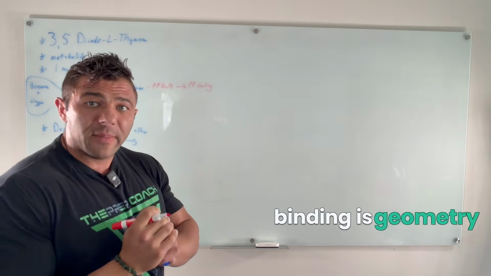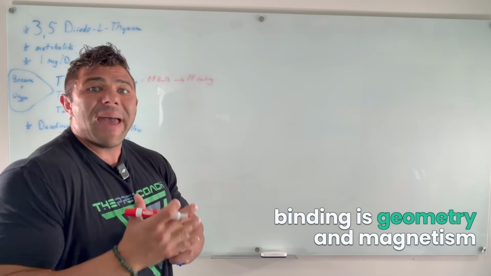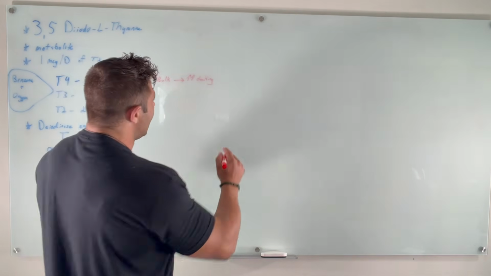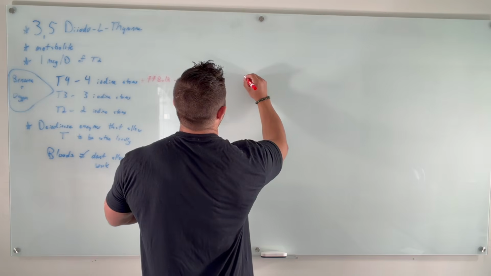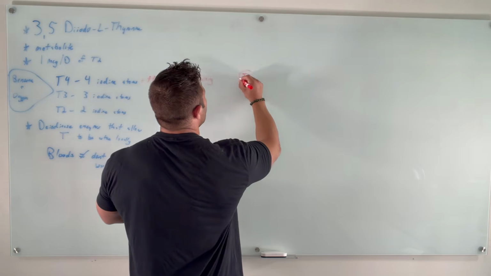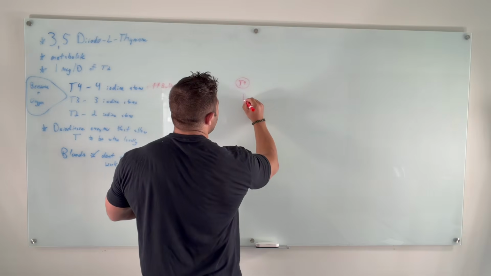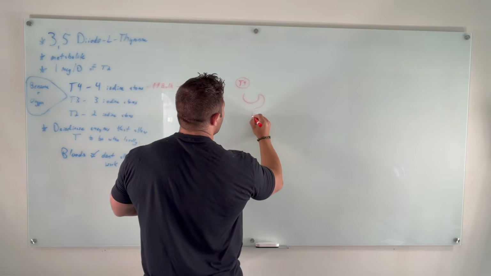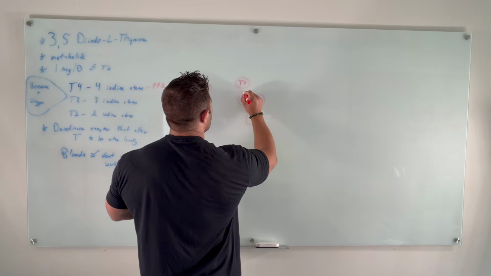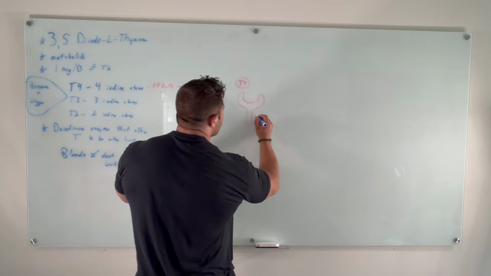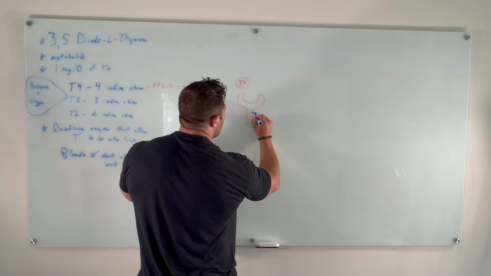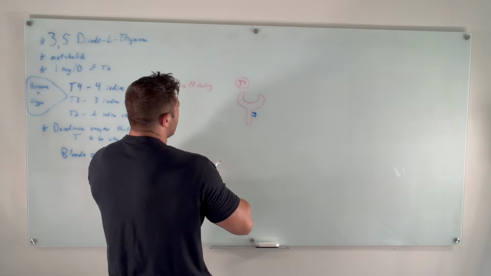It's all about geometry, so mathematics, and really magnetism that allows the ligand. So we're gonna have, I'll just put T4. The ligand is the hormone, right? There's the T4 molecule. And here is going to be the receptor. And then we're gonna talk about what that is in a second.